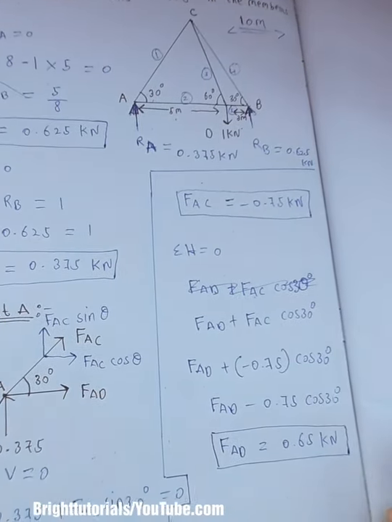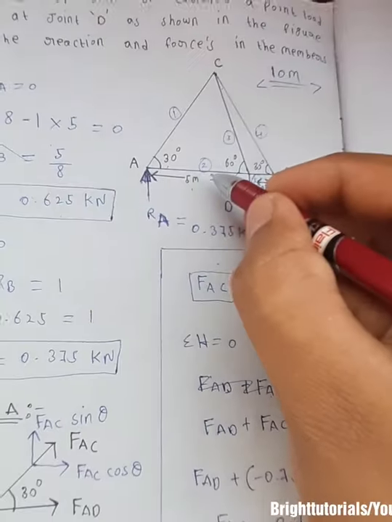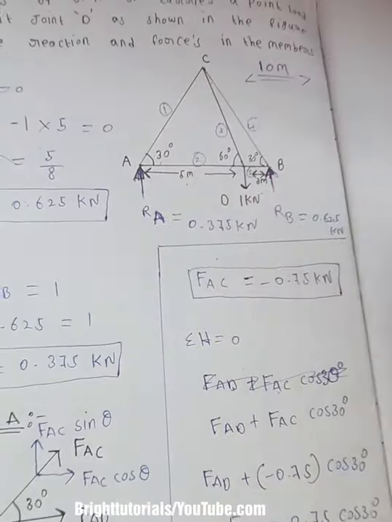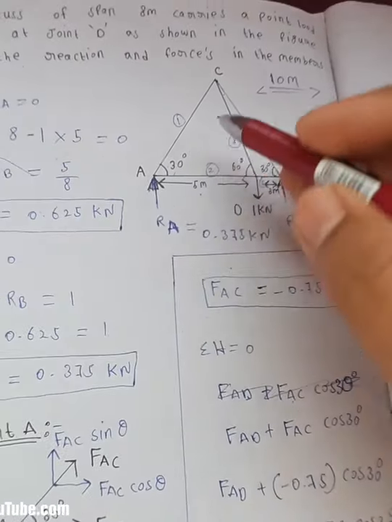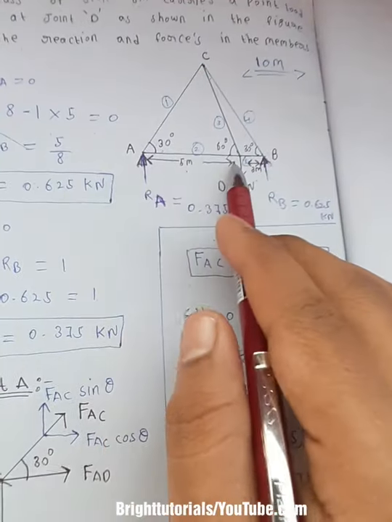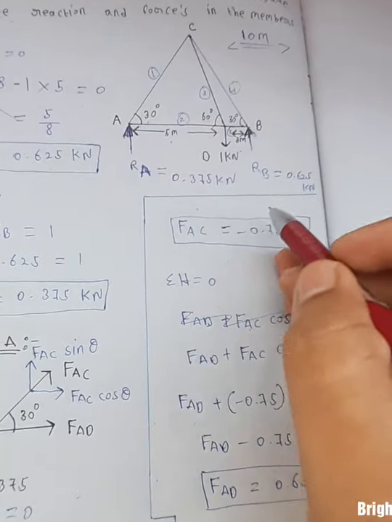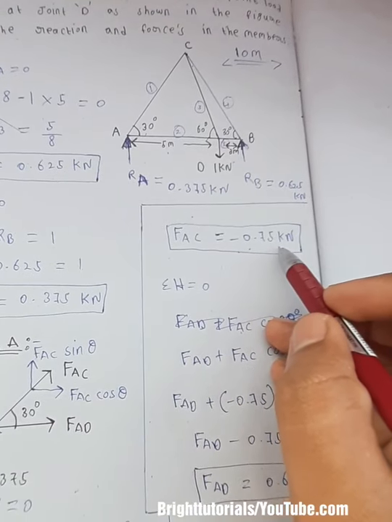So we have found the value of forces in the member 2 and the member 1, which is FAC. This is the force FAC and it is the force FAD. So here we have got the value of FAC equals to minus 0.75.